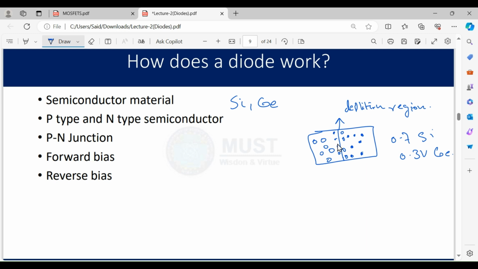In forward bias, our p-type material is connected with positive and n-type material is connected with negative. But if negative is connected with p-type material and positive is connected with n-type material, then it is our reverse bias diode, and in this case it will not allow the current to flow through it, and it will block the current, and it behaves just like an off switch.